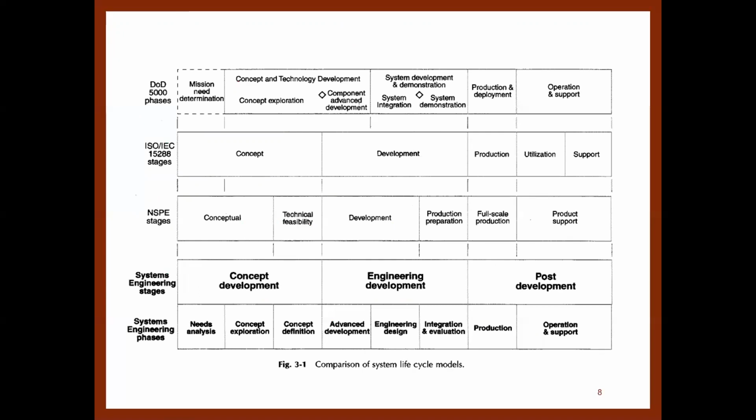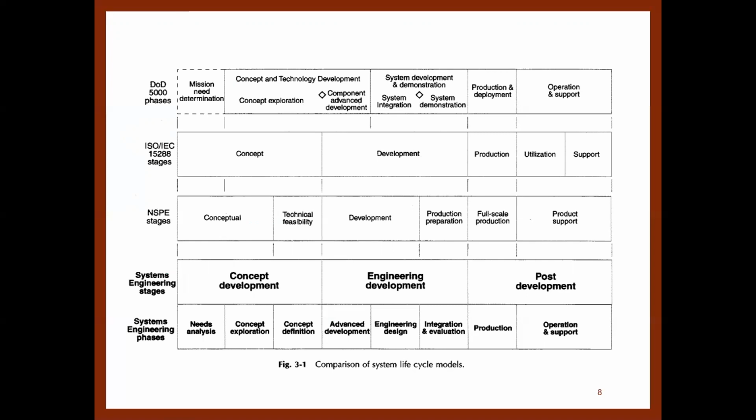Those are the ones defined for this class. At the top of this figure, we have the three that are coming from these professional organizations, and then we have the ones that are basically summarizing the whole thing. And these are the ones that we're going to use for our class, the system engineer stages and the system engineer phases.